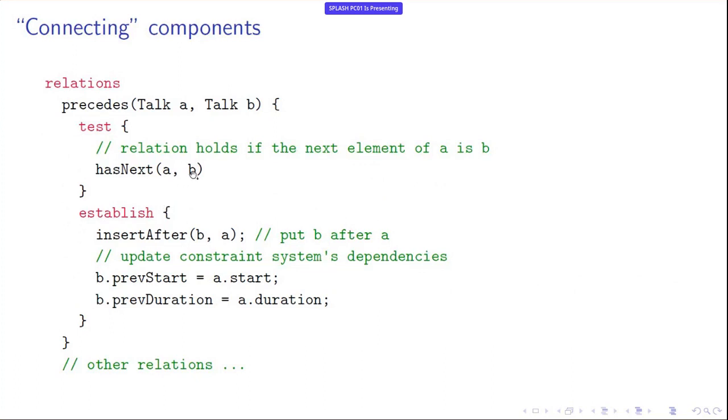So this will simply check that B follows A in the structure, and this function will insert B into A's container after A. And the interesting part here is these two lines, which are assignments. Now we use these references and the variables we defined above. And here in the establish part of the relation, we update the constraint system.